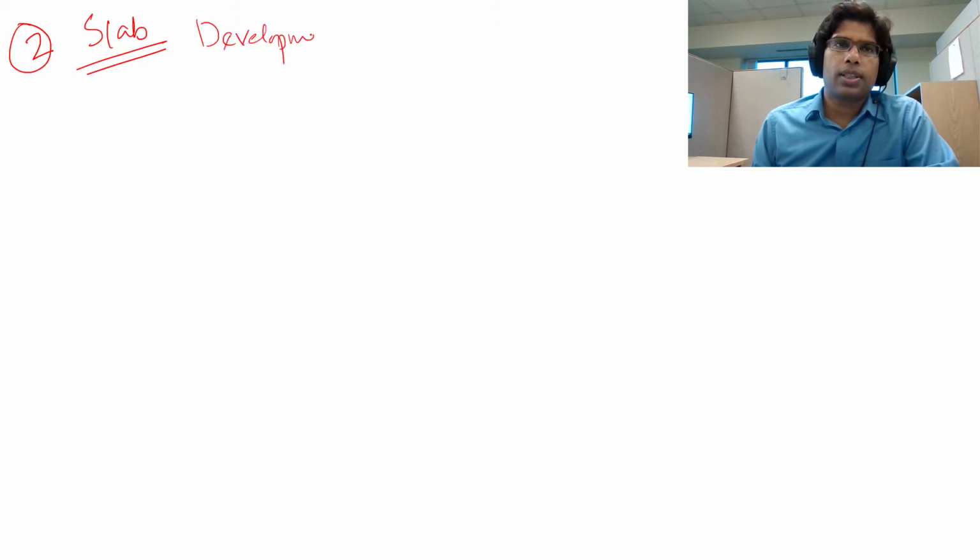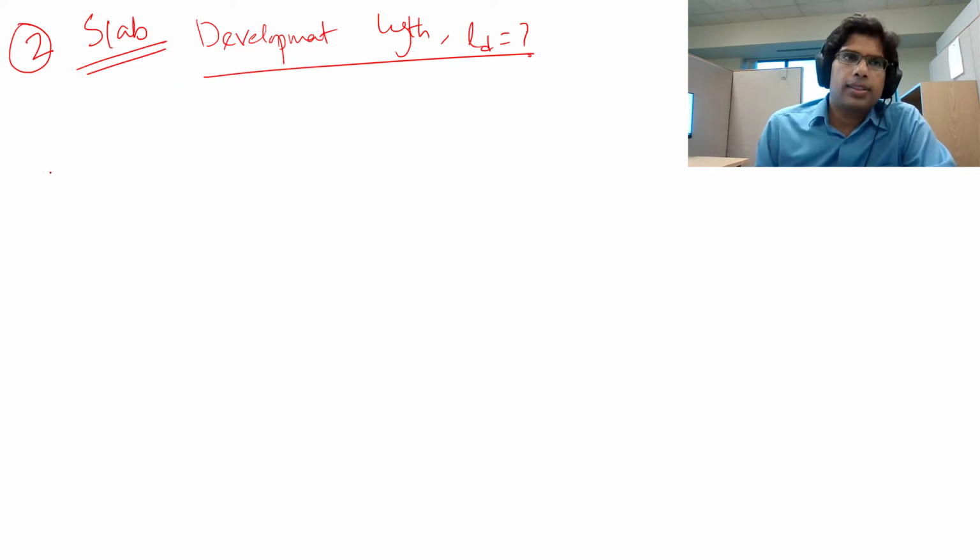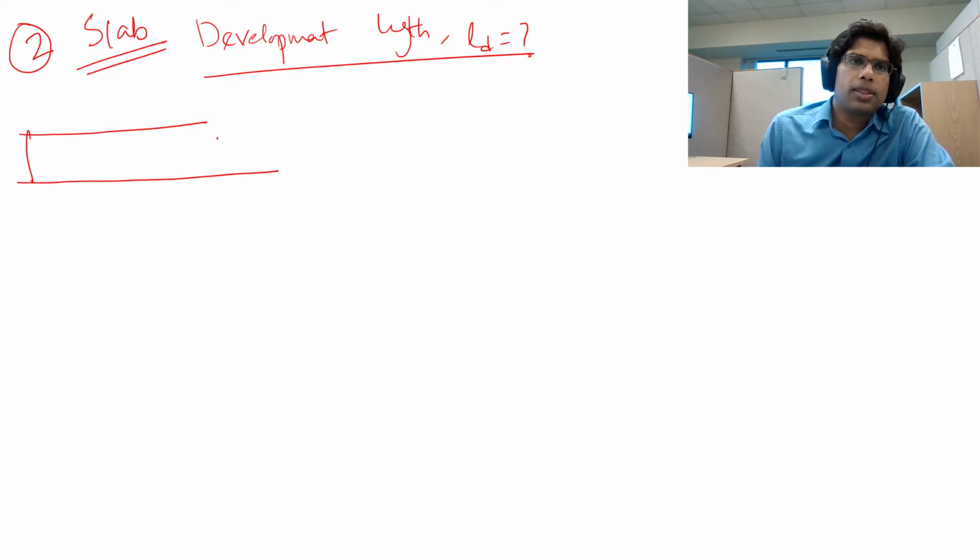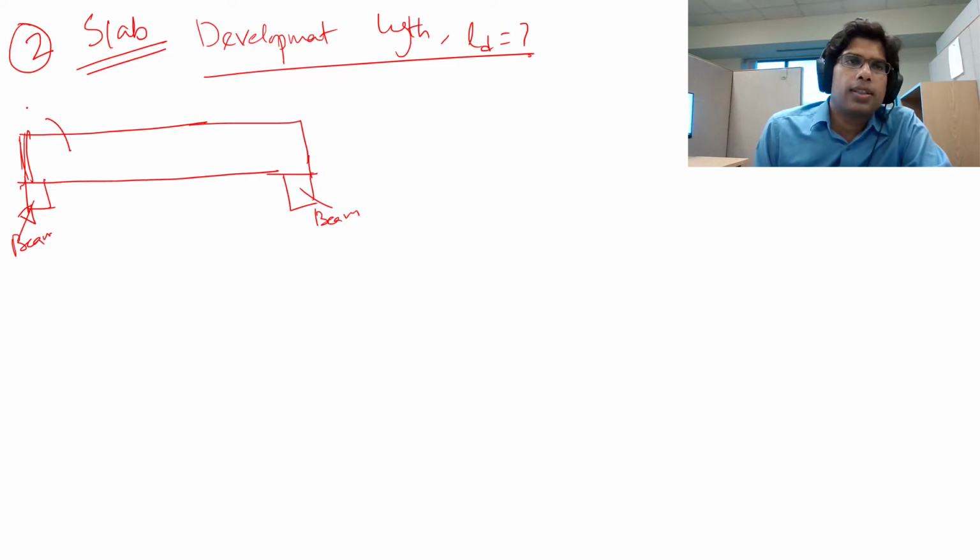Find out the development length. Development length LD equals to. So what is given? Given is this is a slab. Longitudinal view looks similar as beam, and this is the beam, and this is a beam, and this is the slab.